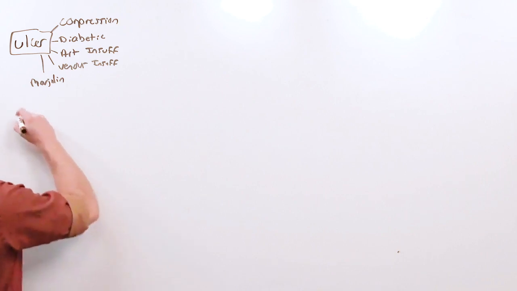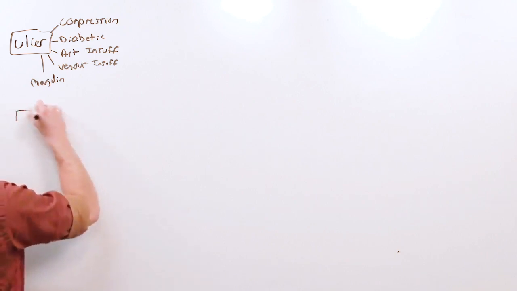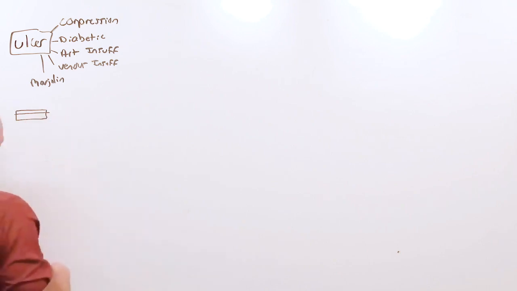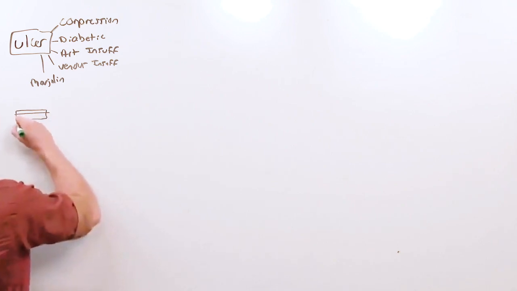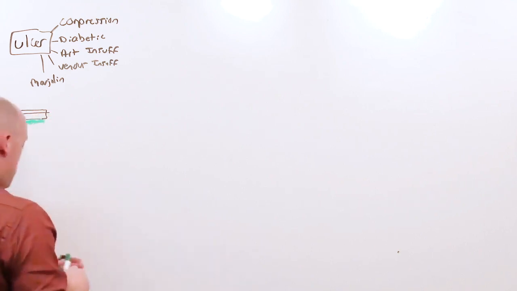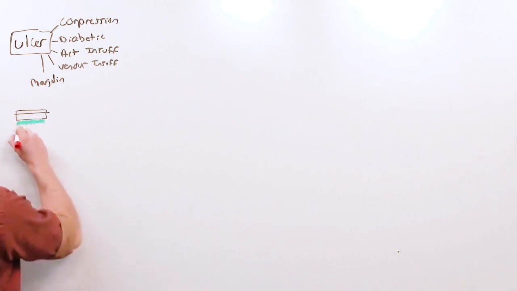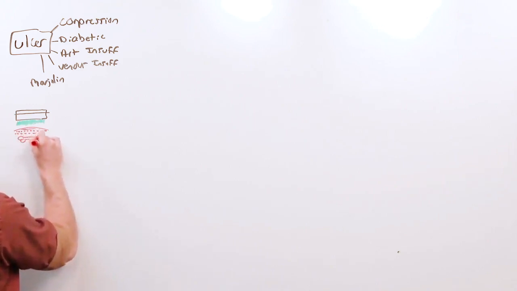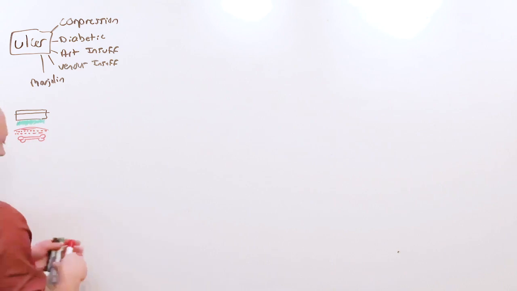When you stage an ulcer, we get the epidermis on top of the dermis, then you've got a fascial layer that separates the skin from the muscle and bone underneath. And for an ulcer, it doesn't really matter if you're talking about muscle or bone, because once you get through the fascia, it's the same stage.